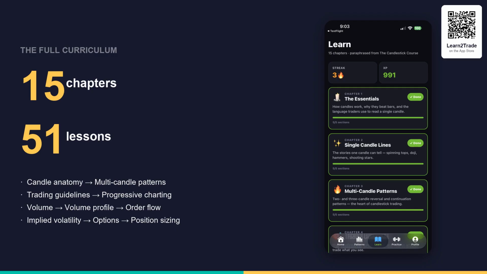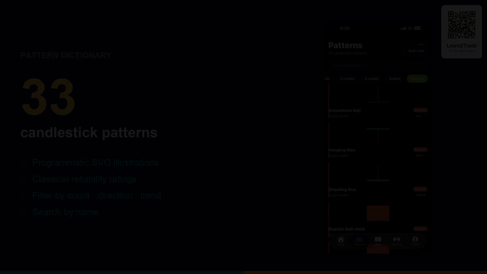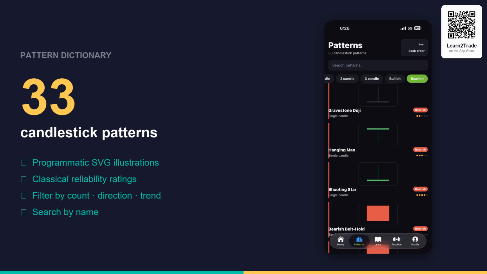Volume profile, order flow, implied volatility, options strategies, position sizing, 51 lessons total. Every one of the 33 patterns is in a searchable dictionary with reliability ratings from classical technical analysis. Bullish reversal patterns marked green, bearish patterns marked red. Programmatic candlestick illustrations for every one so you can see exactly what shape you're looking for.